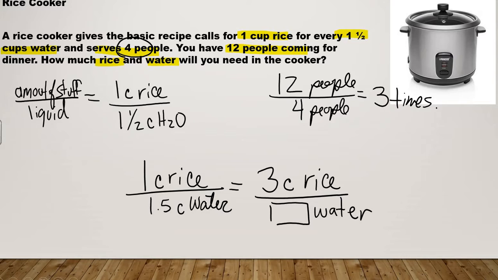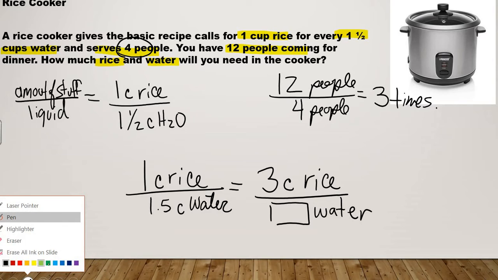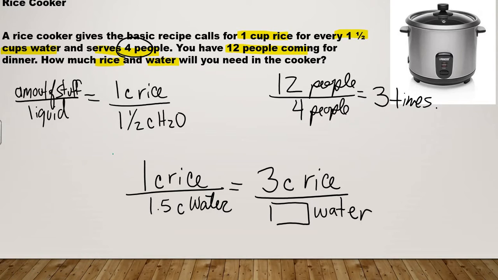This is called a proportion. Okay, just some vocabulary here. When we do something over something, that's called a ratio. So all fractions are ratios. 3/4 is a ratio. 1/2 is a ratio. Any fraction is a ratio.